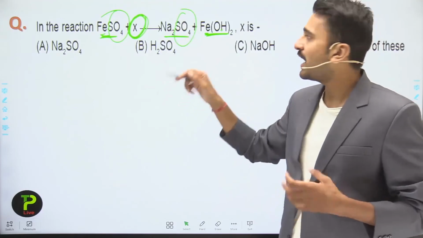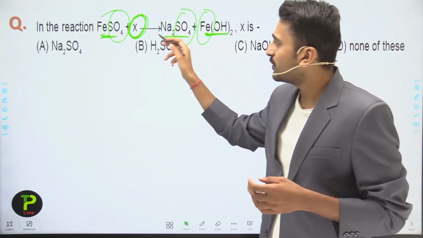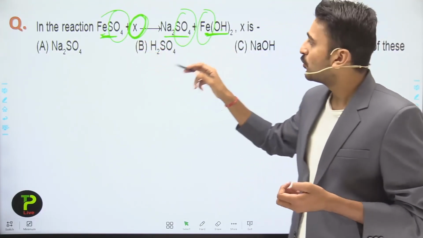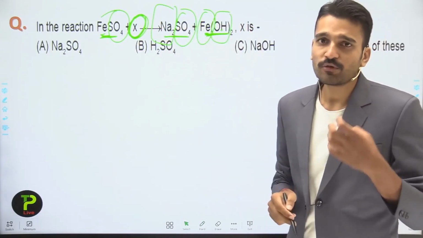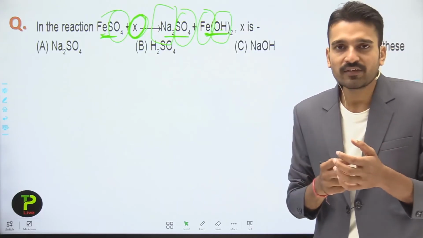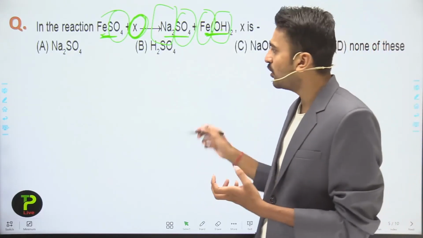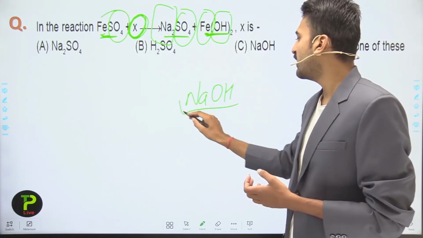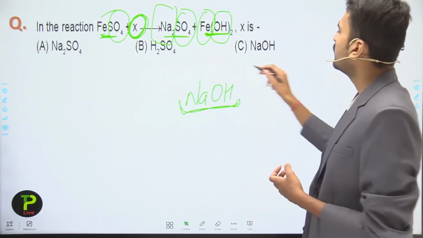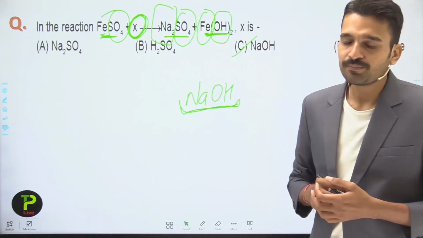So iron and sulfate are present on both sides. So the substance that X is made up of could be from Na and OH. The best possible formula for the substance in the form of Na and OH is NaOH. So you get the NaOH compound, and this particular answer, option C, is correct.